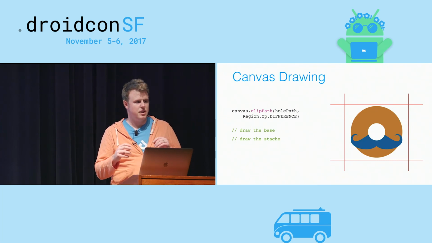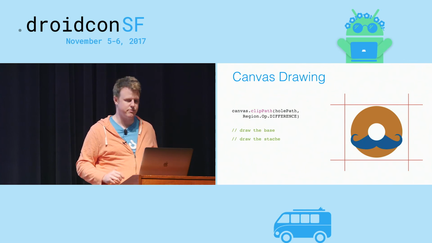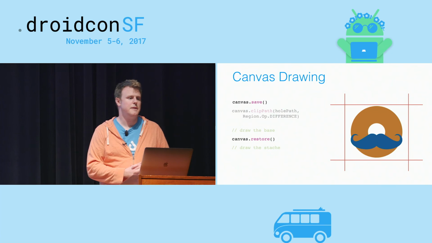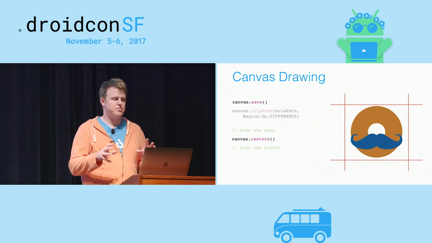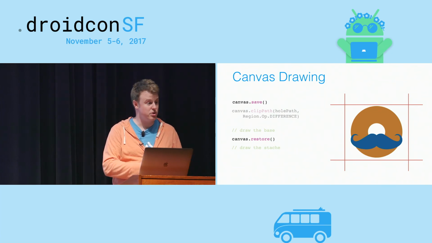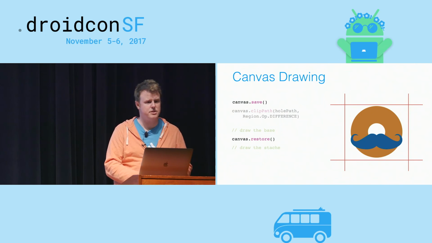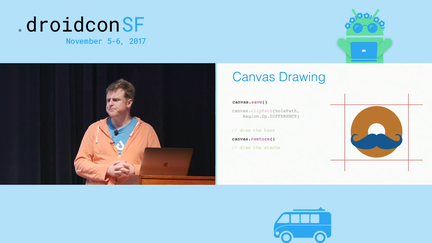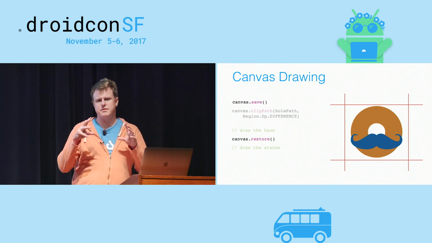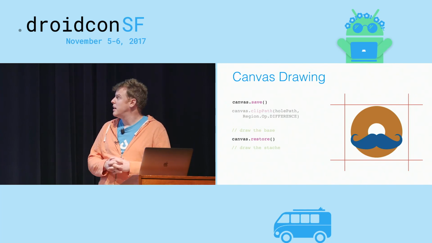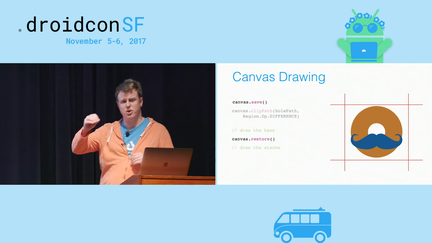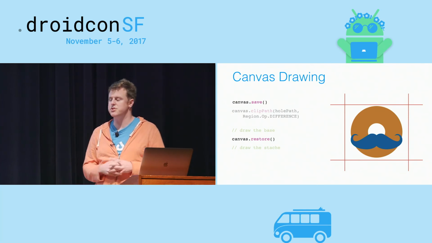Now, Canvas has a built-in mechanism for this, which is simply called save and restore. And what happens is any operation that's going to modify the canvas, so clipping, any sort of transformations like translate, scale, rotate, that type of thing, anything that adjusts the matrix of the canvas, anytime you do that, before you do it, you want to save, and that's just going to save the current state of the canvas when you started the change.